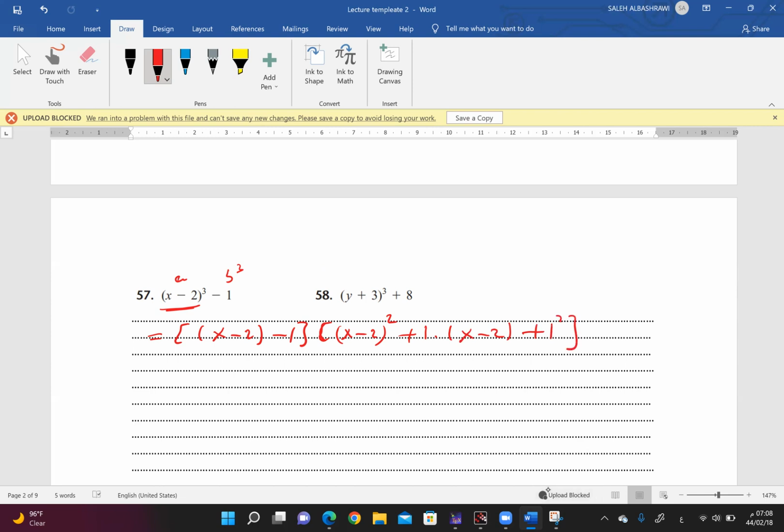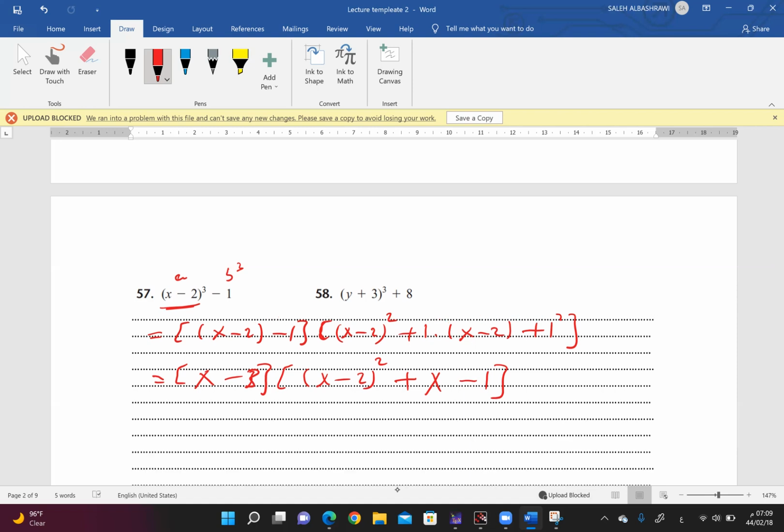This can be simplified more. x minus 2 minus 1 is equal to minus 3, multiplied by, I can keep that one as it is, x minus 2 to the power 2. We can open this bracket, plus x minus 2 plus 1, that is x minus 1.